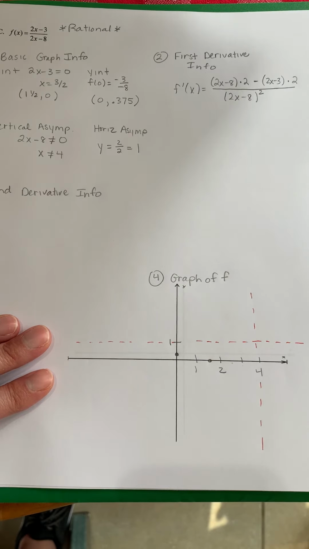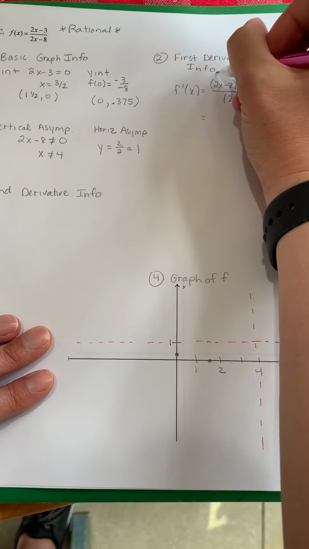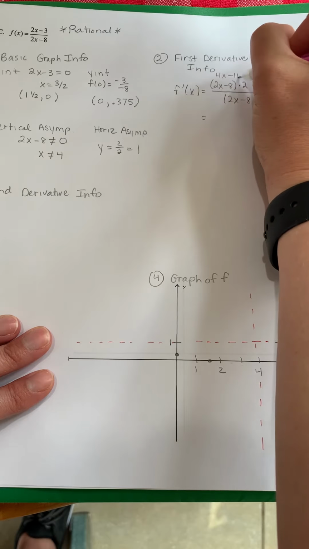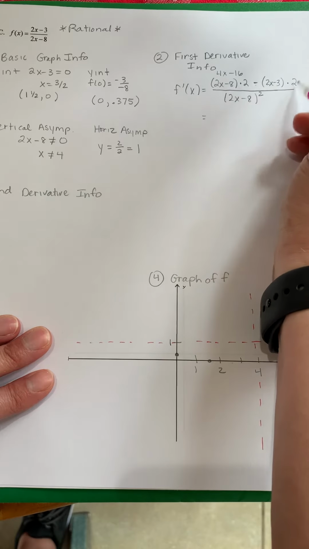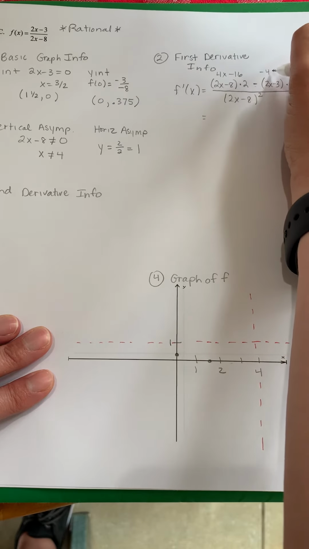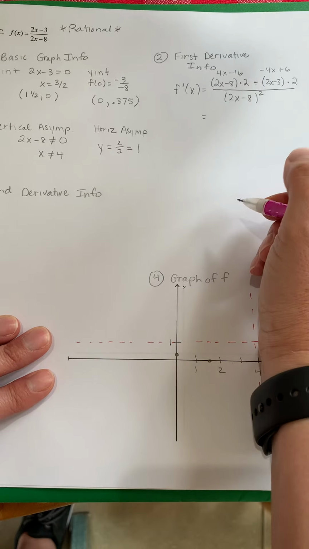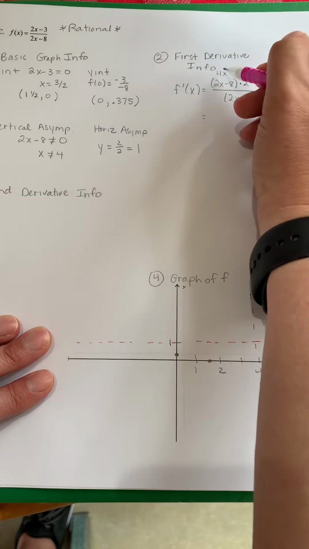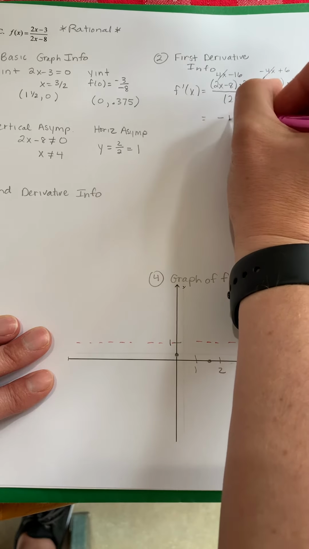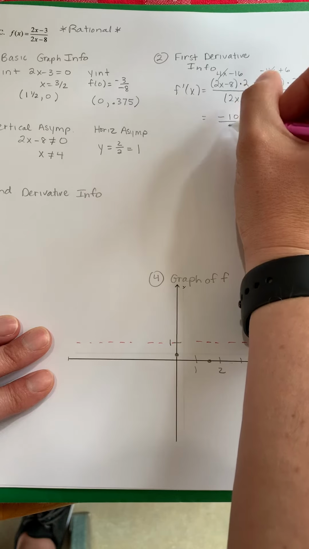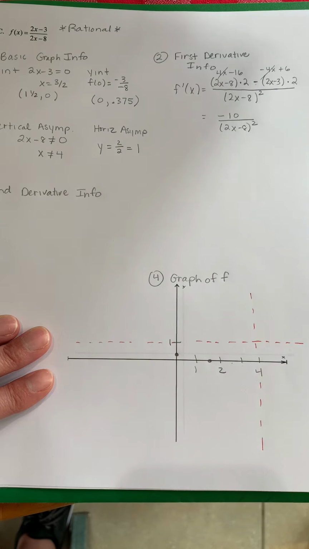So we need to clean up the numerator a little bit. When we do that, we'll have 4x minus 16 from that part, and then don't forget this is really a -2. So we're going to have a -4x and then a plus 6 from that part. So these two terms will end up canceling, and we end up with a -10 all over the quantity 2x minus 8 squared. Okay.